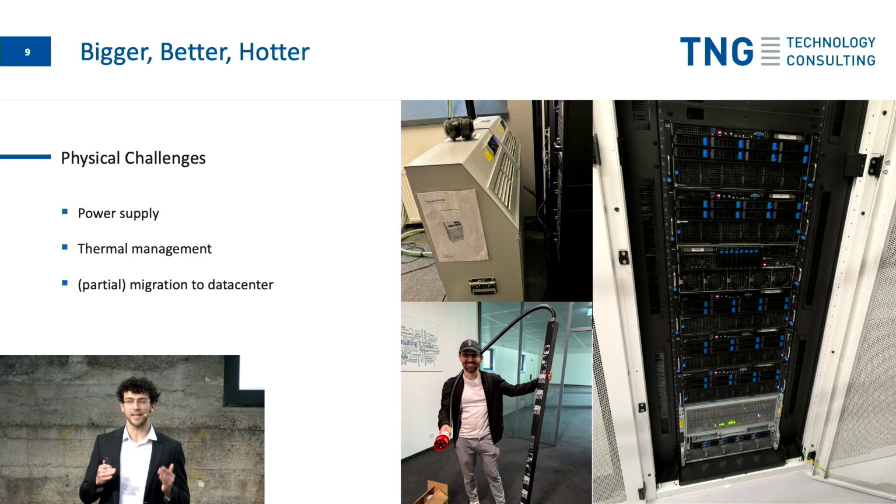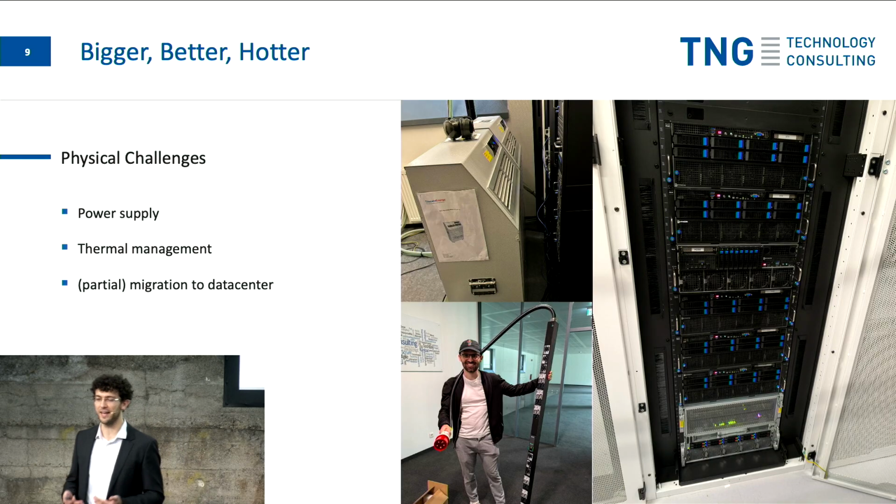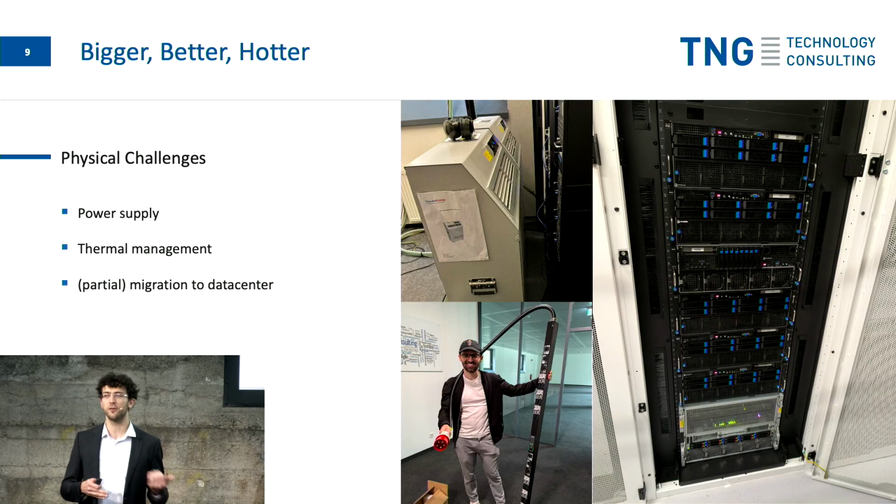And these are the type of problems that we do not want to face every day. And that was the decision to move some of our servers to a professional data center. So we still own the hardware. We are still the only admins. The access is highly restricted, but we do not have to worry about power supply and temperature management anymore.